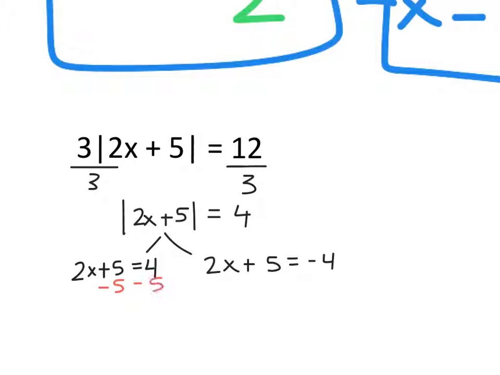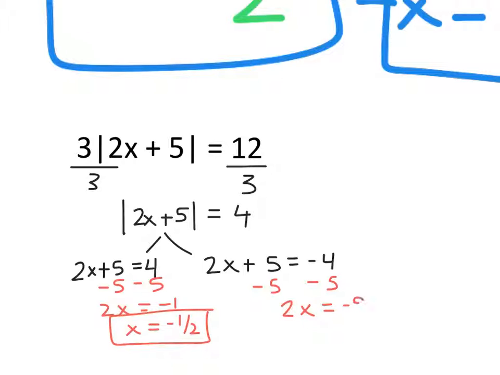So solving for each, 2x equals -1, x is -1/2, or 2x equals -9, x is -9/2 if I divide both sides by 2. So many times there's two solutions.